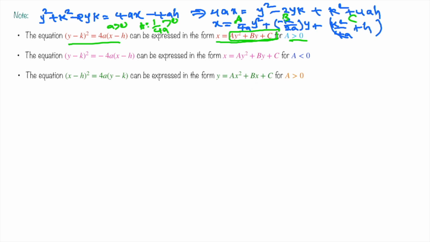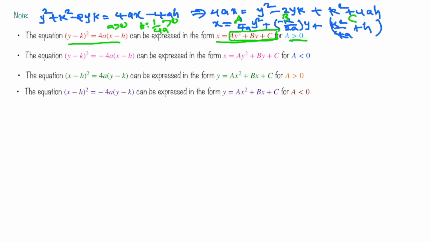Here y equals a quadratic function of x. Okay, this can be expressed this way. In the same way, x minus h whole square equal to minus 4a times y minus k can be expressed in the form y equal to ax square plus bx plus c for a negative.